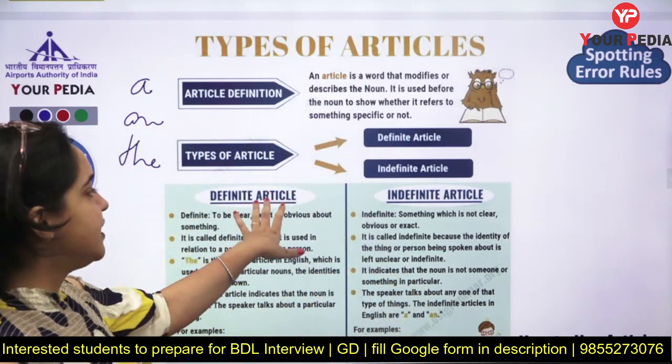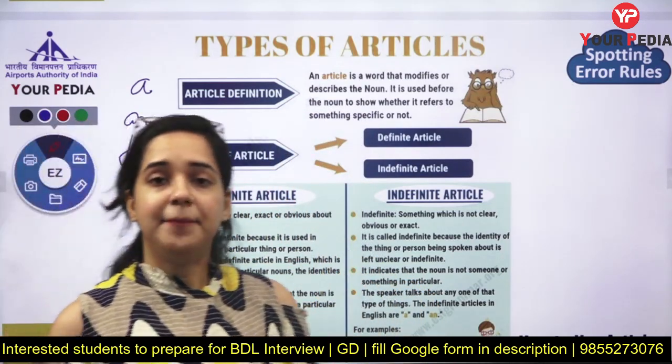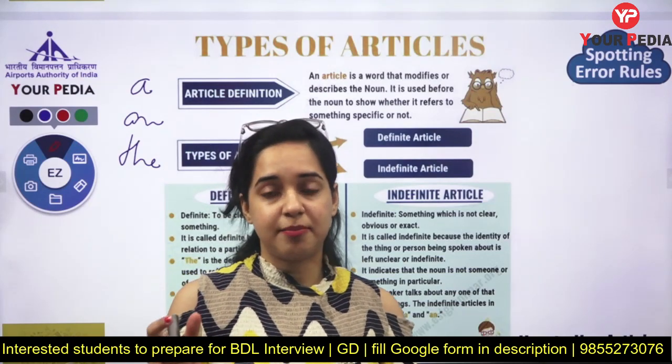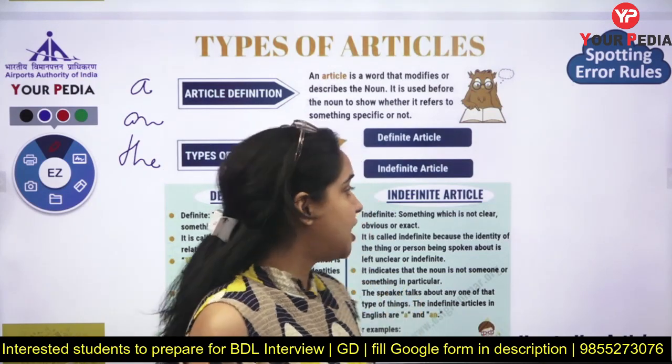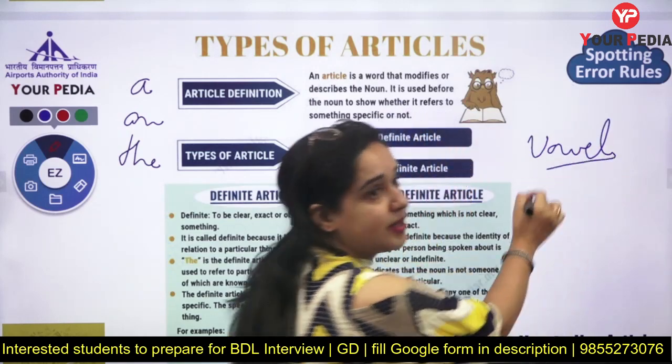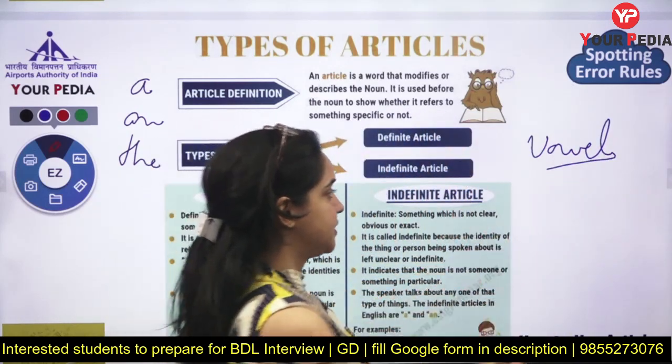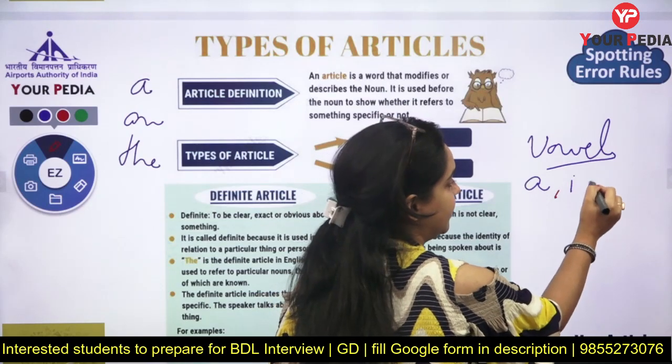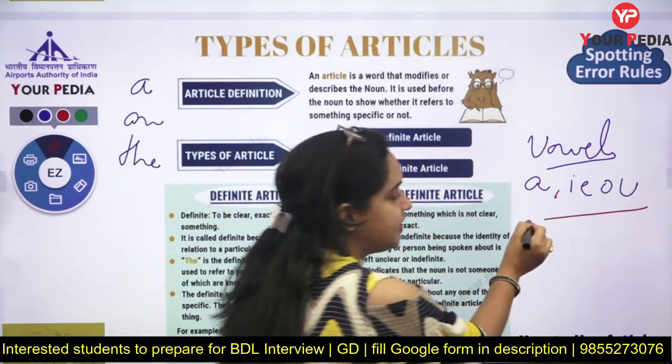An is also used for the indefinite one only, but it is used for words which start with a vowel sound. You remember the vowels we used to do in our classes? A, I, E, O and U. These are the vowels.